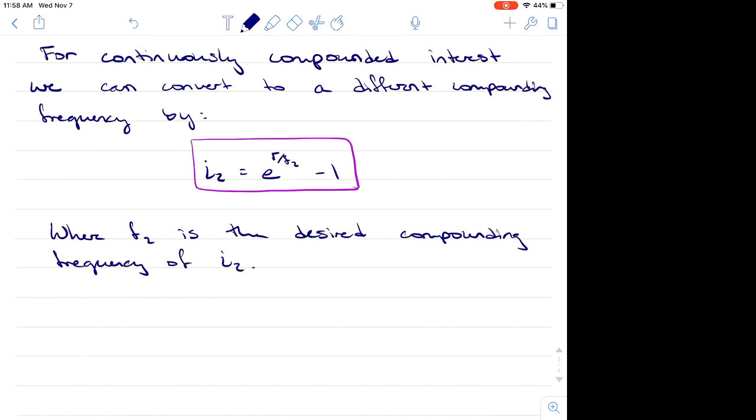We can also use this R formula. R is the nominal rate, and then F1 times the log of 1 plus I1.